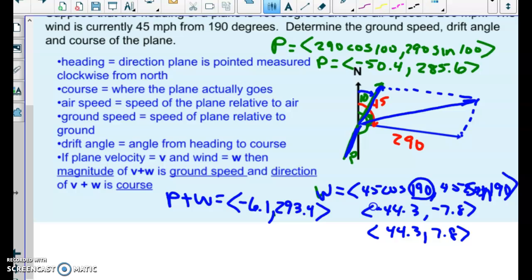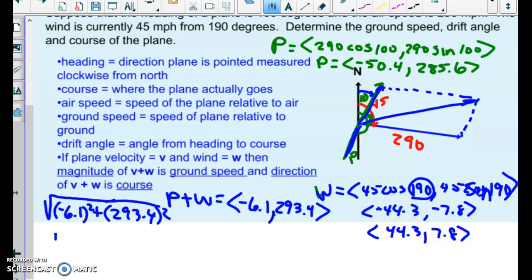And so I want to get the resultant magnitude. So I'm going to use the distance formula on that. And I get the square root of negative 6.1 squared plus 293.4 squared. And I'm going to have to pause again to get that magnitude.